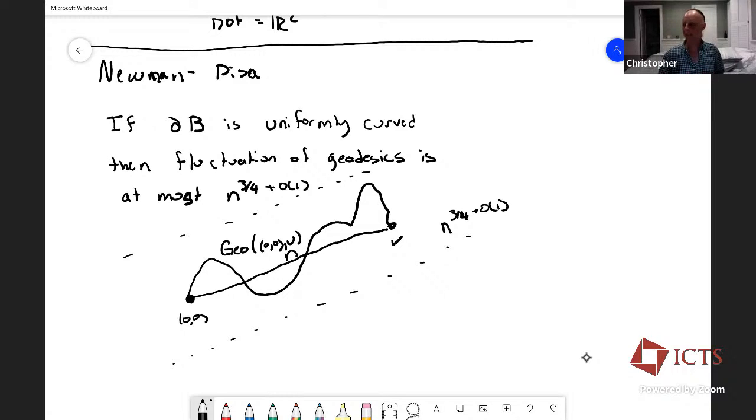That as n goes to infinity, the chance of this geodesic staying in the cylinder is going to 1. And so this is a really beautiful result where in spherically symmetric models, we are actually able to say something about the fluctuations of the geodesic. But in first passage percolation, it doesn't help us to say anything about the geodesics.